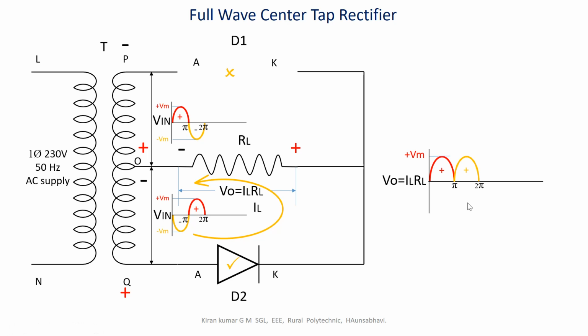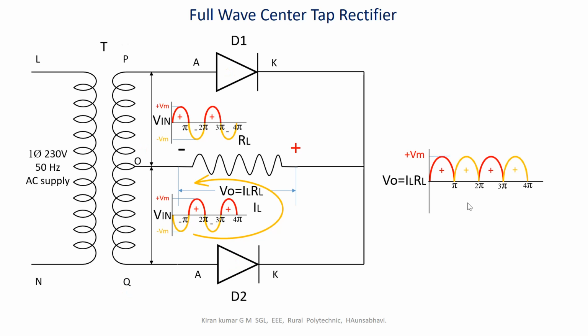Now, the similar behavior of the circuit will be continued during the next input cycles. As both the positive as well as the negative half cycles of the input are converted to unidirectional output voltages across the load resistance RL, this is definitely a rectifier which is converting both the half cycles, and is called a full wave rectifier.